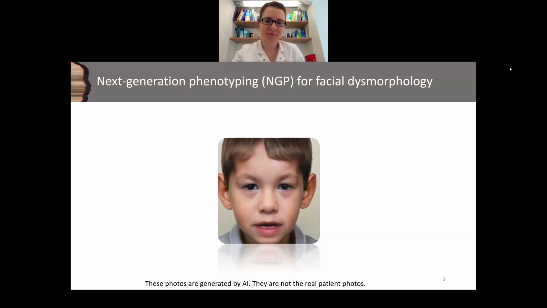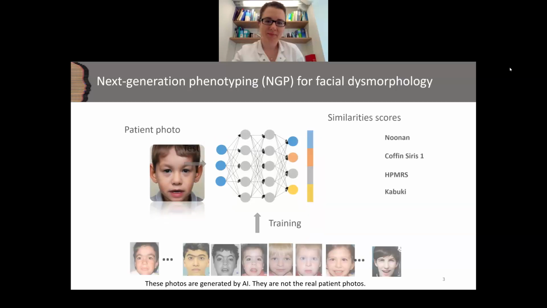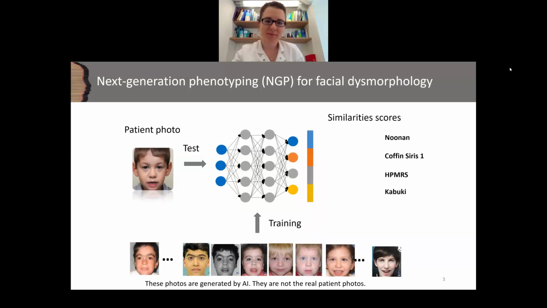Therefore, what we are doing here is simply training deep learning convolutional neural networks on thousands of patients' photos. Then we have a network that tries to learn the facial representation of the disease. Later we can take the photo on the left-hand side from a patient and quantify a similarity score or probability to the syndromes we trained in the network.